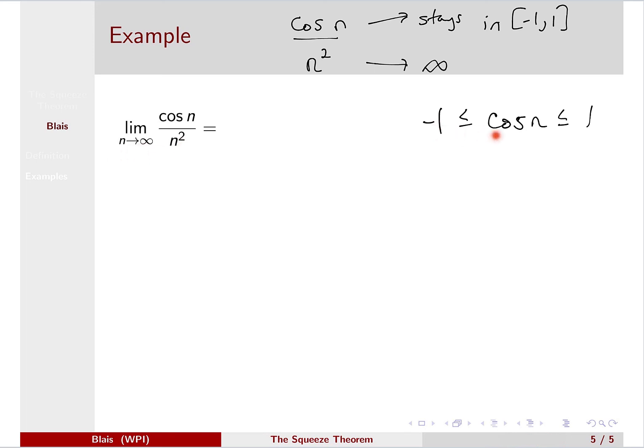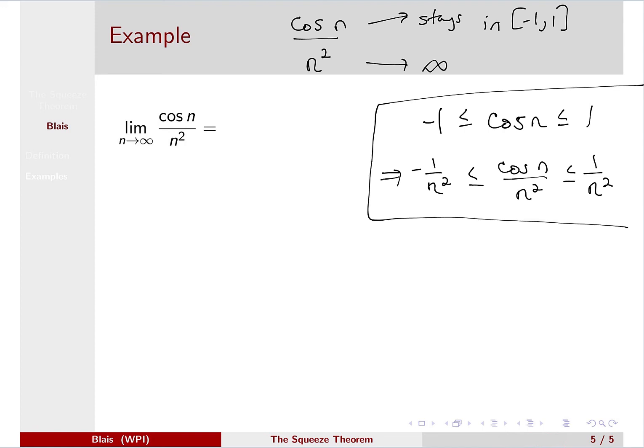So we can multiply every term here by 1 over n squared and retain the inequality. So we would get minus 1 over n squared is less than or equal to cosine of n over n squared, less than or equal to 1 over n squared. And we now note that we have our sequence squeezed between two simpler sequences.